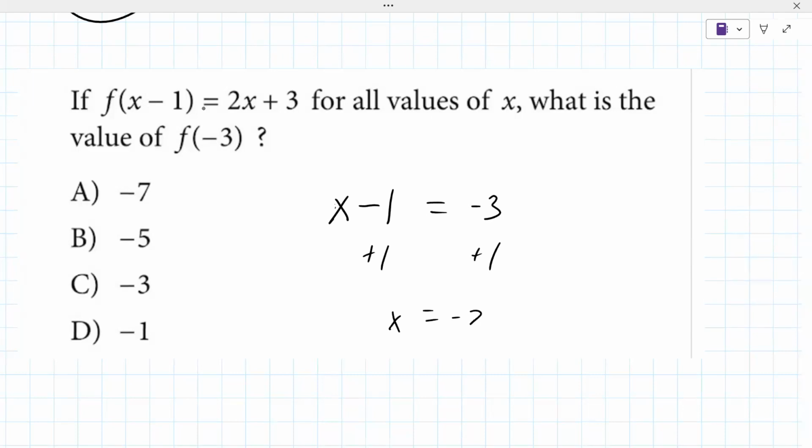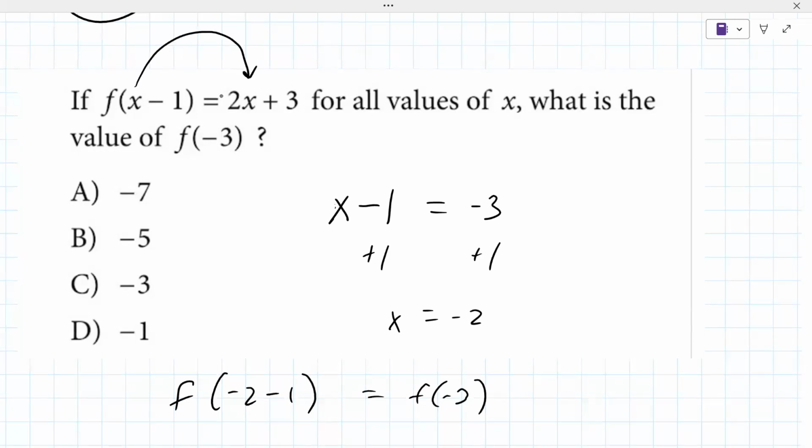So when x is minus 2, f of minus 2 minus 1 is f of minus 3, but we want the x value that does that. So x is really minus 2. So minus 2 is what goes in for x.